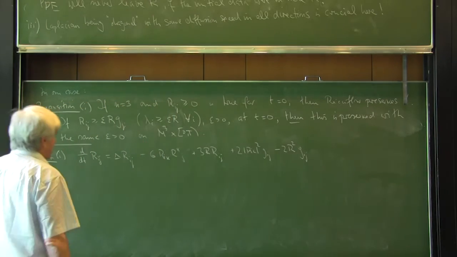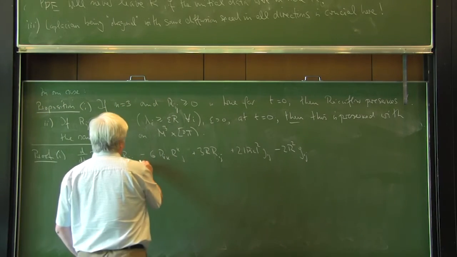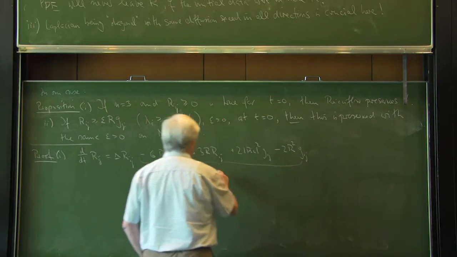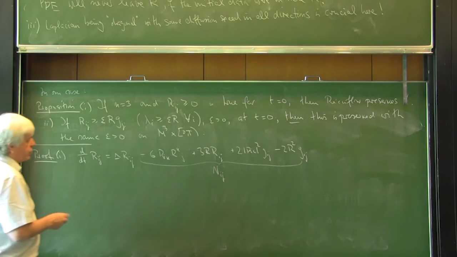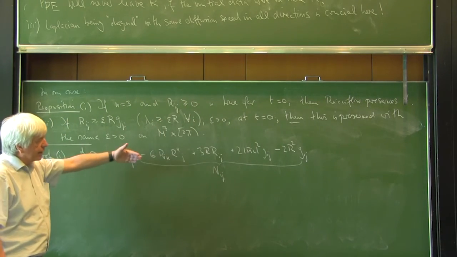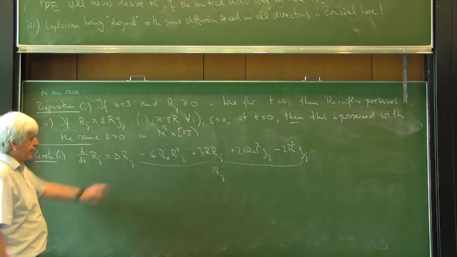So this whole thing here is therefore the Nij. And we have to check that Nij is non-negative if Rij has a zero eigenvalue.